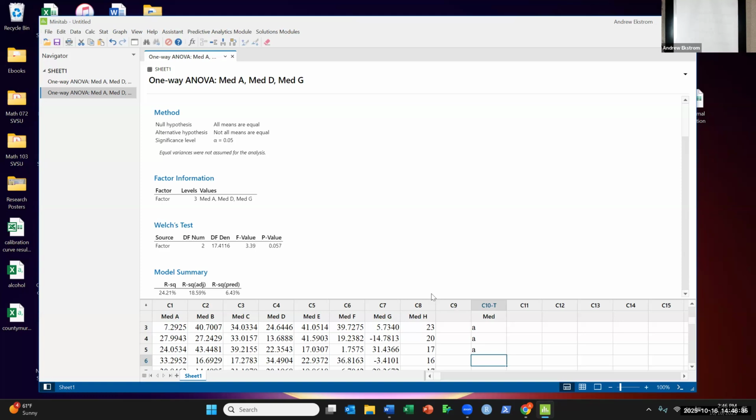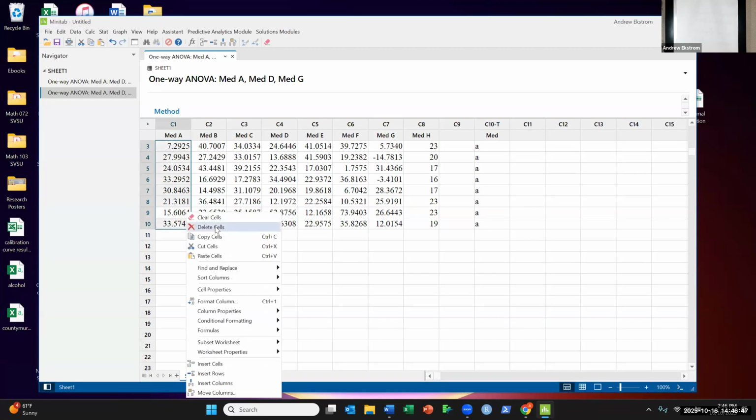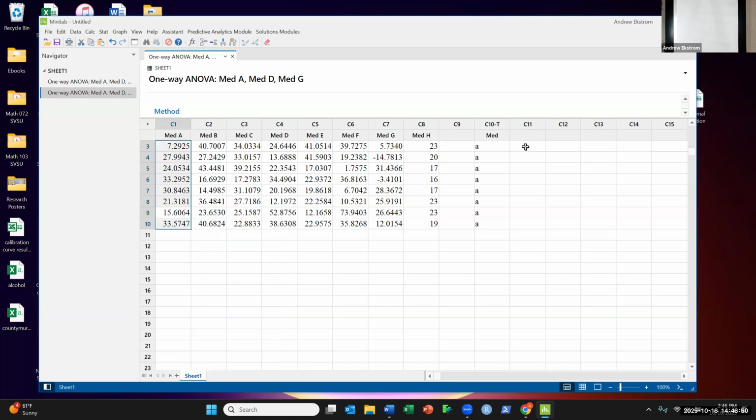But just as an example of some of the fun things you get to do with data prep, I have to come out here. Okay, we're going to have all these A's. Now I take everything from medication A, copy cells, paste. Result.